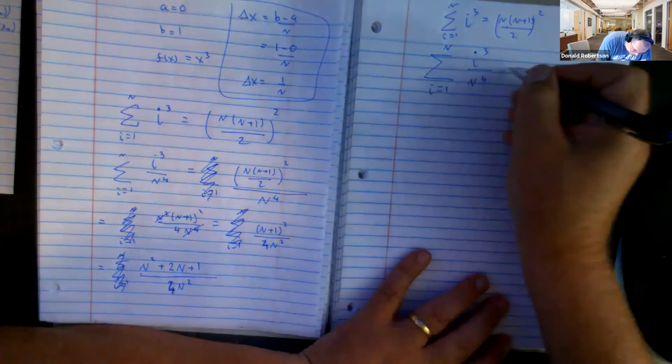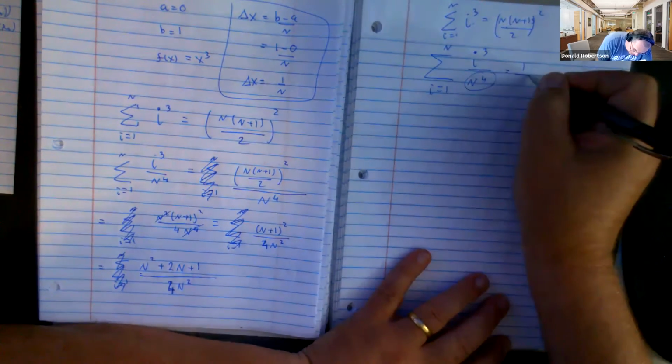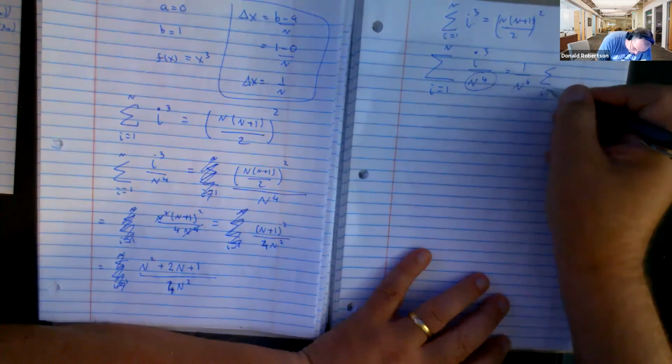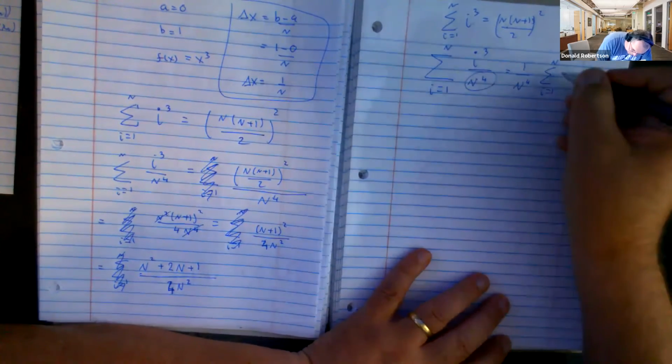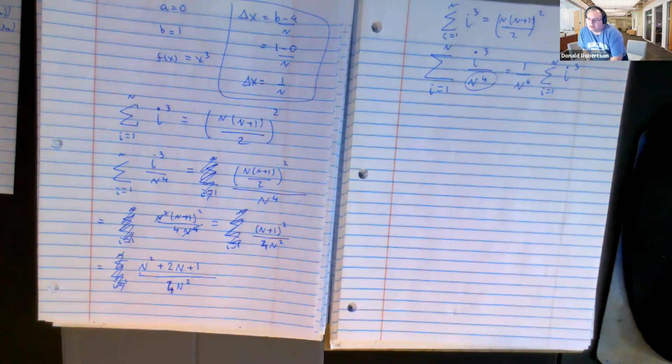So if you think of what you could do with it, this is another way of looking at it. Would it seem reasonable that since n is a fixed number, it has nothing to do with i, I could bring this out, couldn't I call it that? Does that help to see it that way?